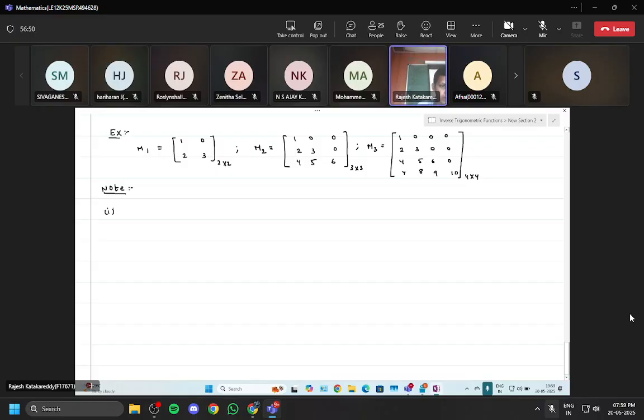First one: all square null matrices and all square matrices of order 1 are both upper triangular and lower triangular matrix.